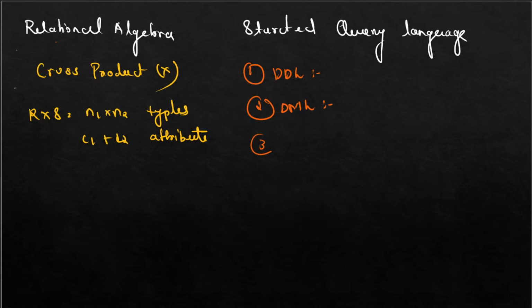After that, DCL: commit, abort. Fourth is DQL, which is select, from, where, something like that. One thing you should know is that SQL is not case sensitive. And the mandatory SQL clauses are select and from. SQL works as a multiset and returns duplicates. So in SQL, duplicates are allowed as long as you are not using the distinct keyword.